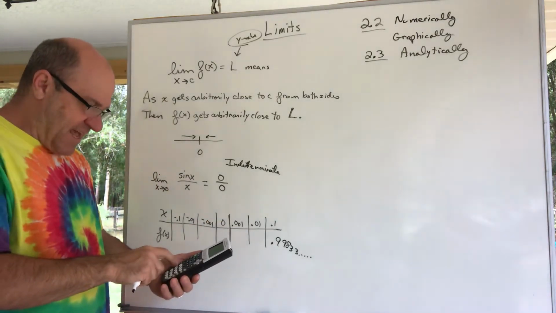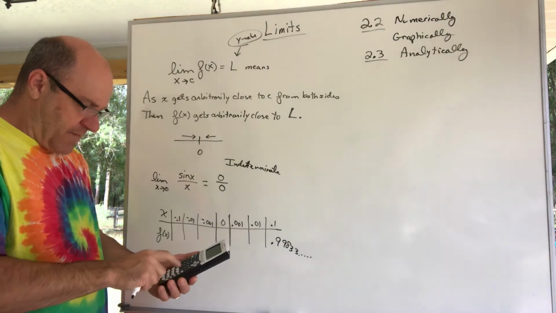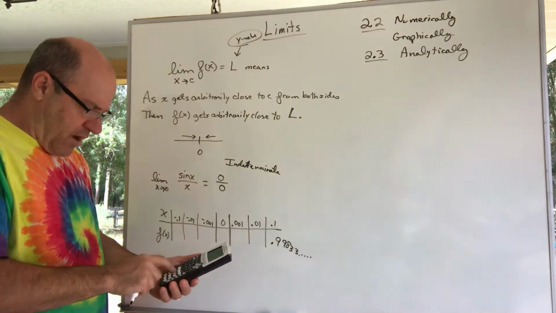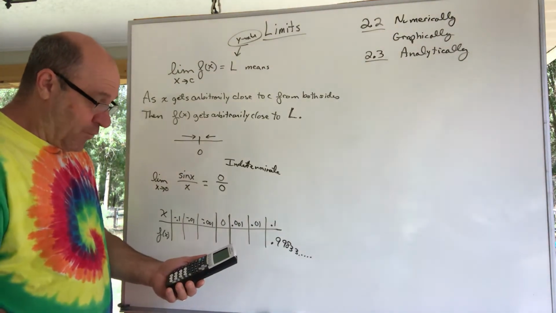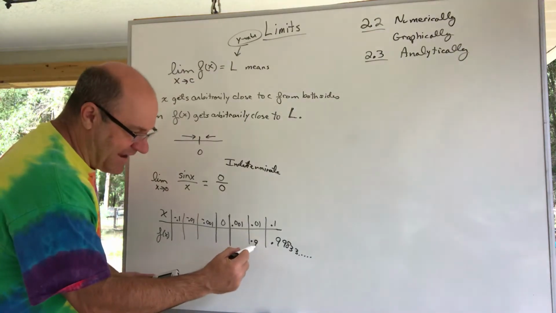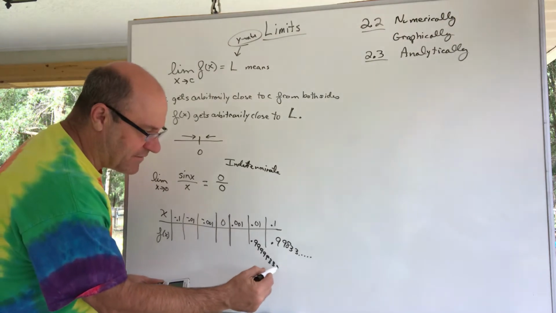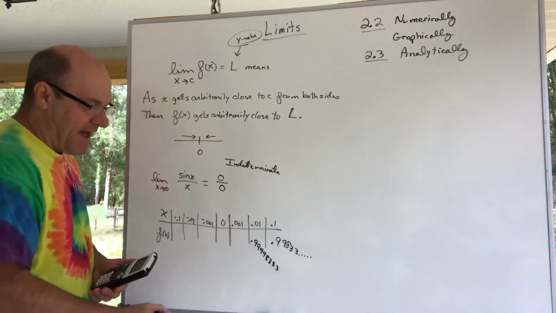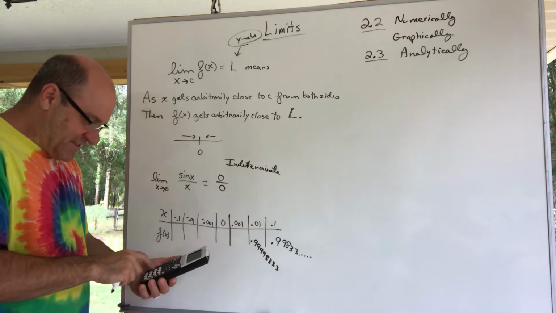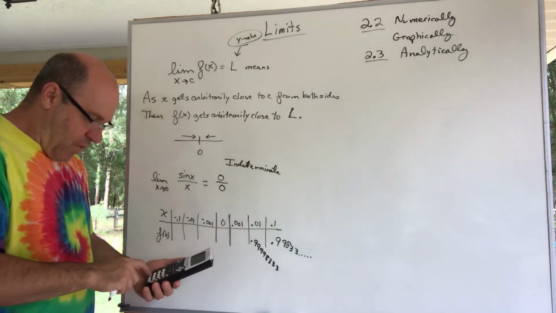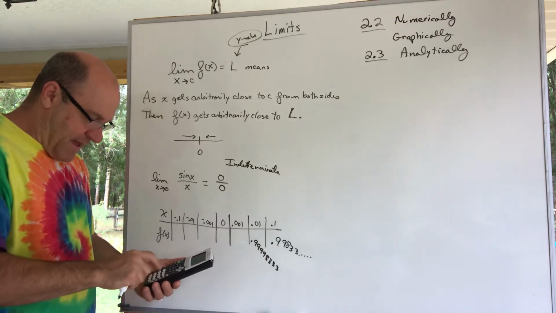What is the sine of 0.01 divided by 0.01? And ooh, that's a little better. That's 0.999983333. That's interesting. Let's try the other one. The sine of 0.001 divided by 0.001.